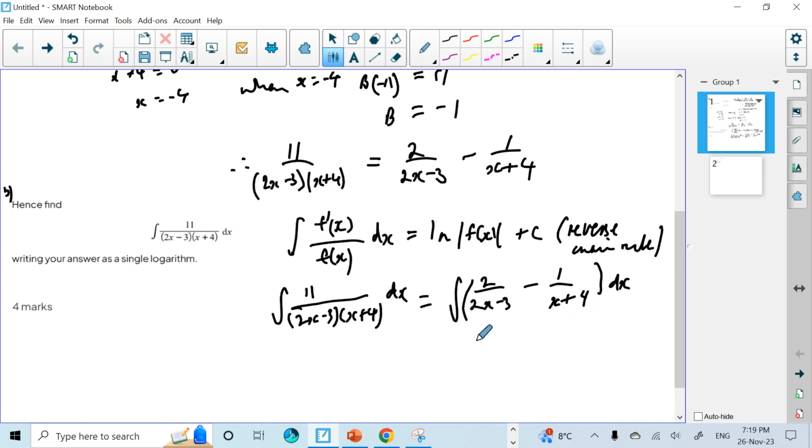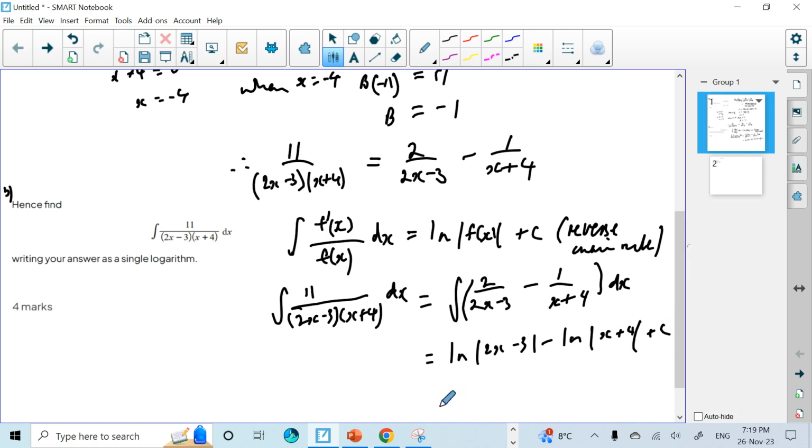Now, this gives us the natural log of the modulus of 2x minus 3, minus the natural log of x plus 4, plus c.